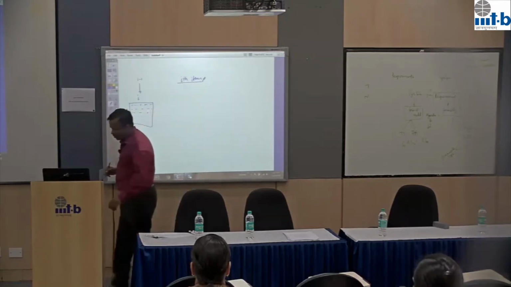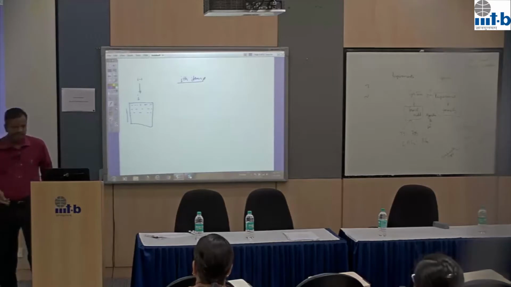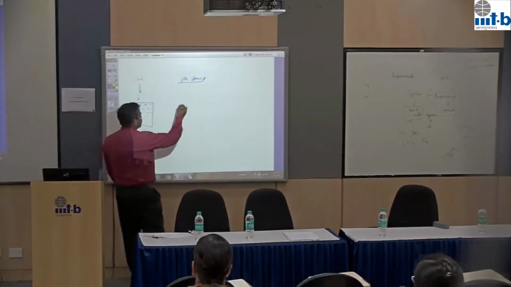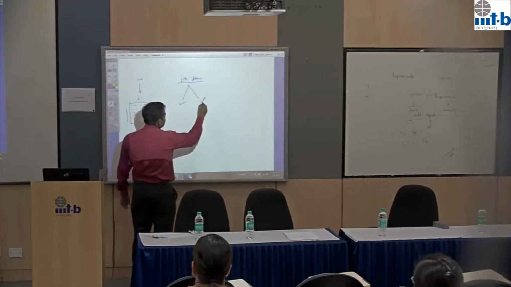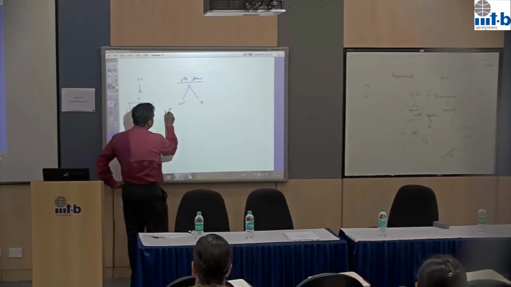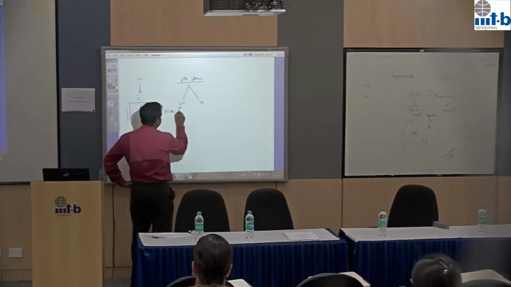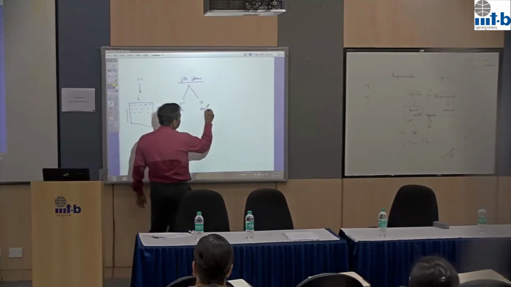Since I'm talking about a 0-1 knapsack problem, either you pick the item or you don't pick it. I'll write it as tick and cross. Tick essentially means that you end up picking the ith item, and cross means that you're not picking the ith item.